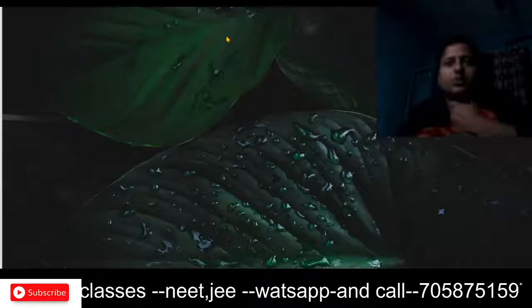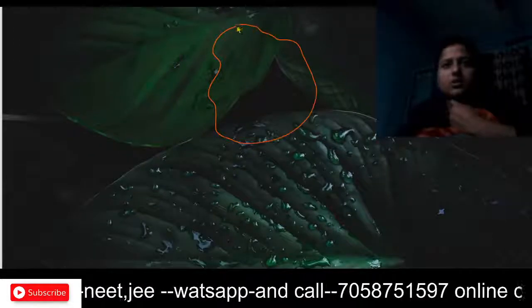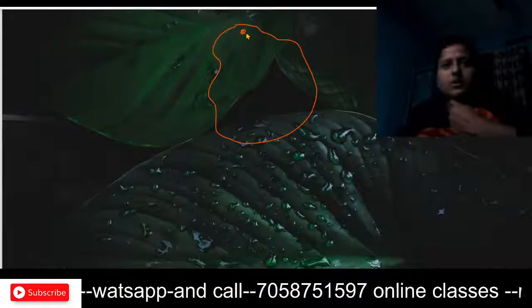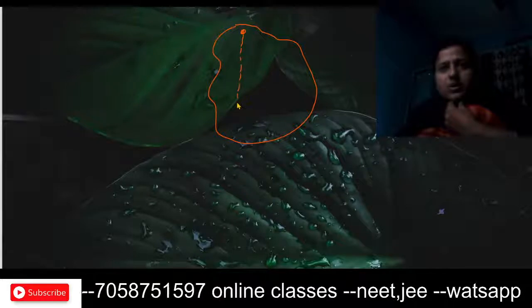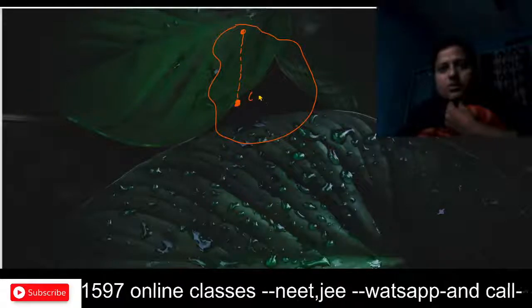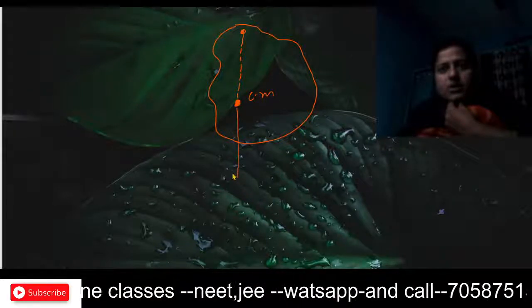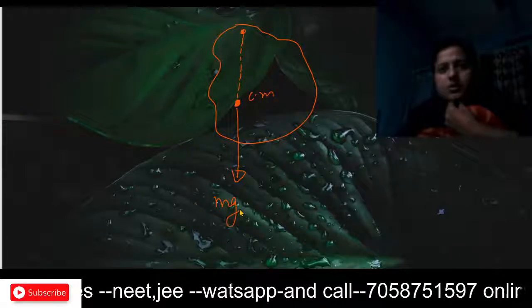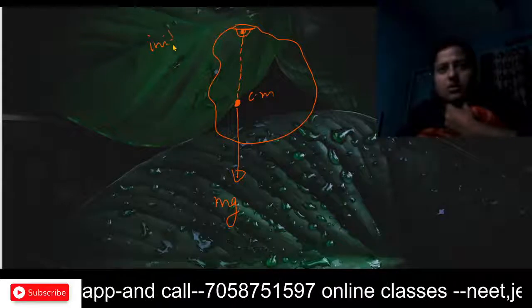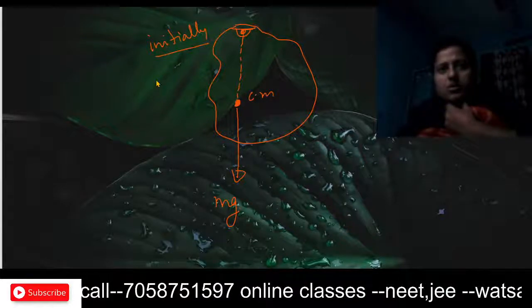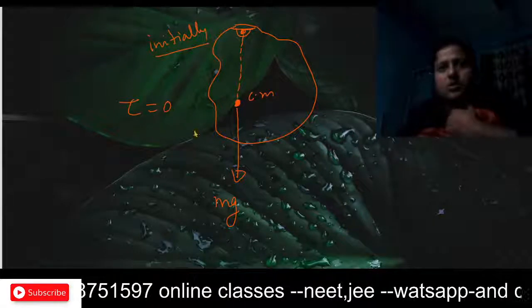Let us suppose there is a body hinged from this point, and the center of mass is here, and mg is acting in this direction. So about this point, initially there is no torque. Torque on the system is 0.